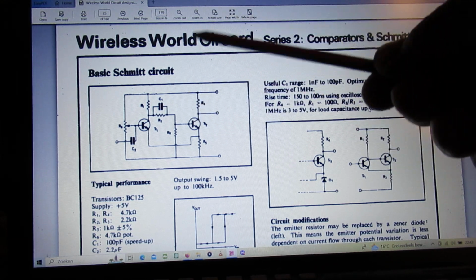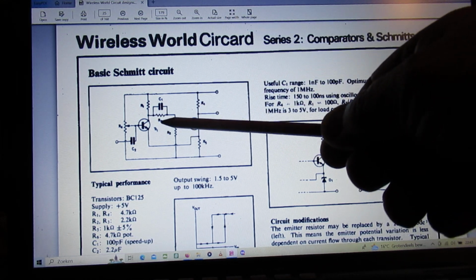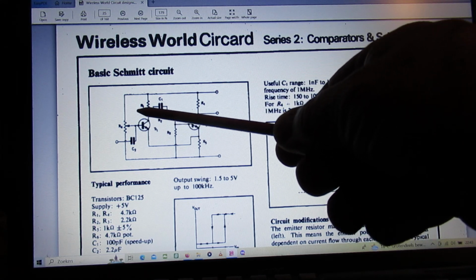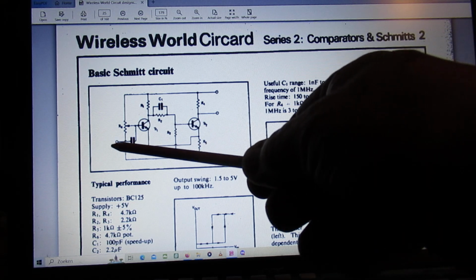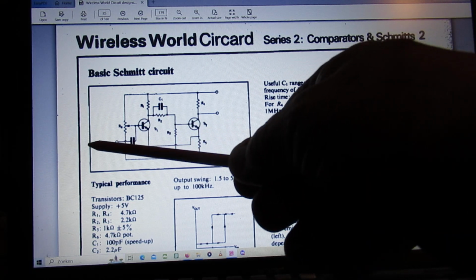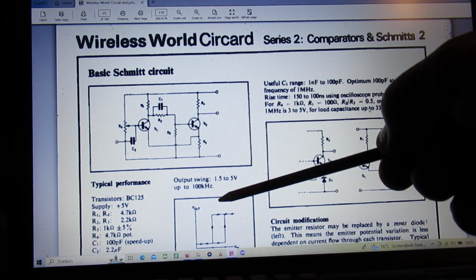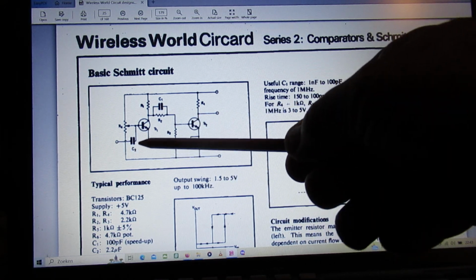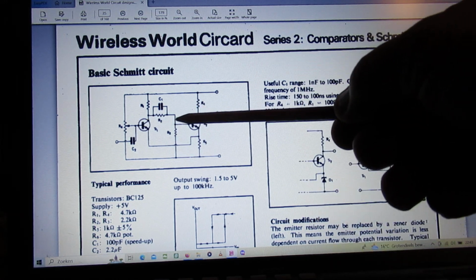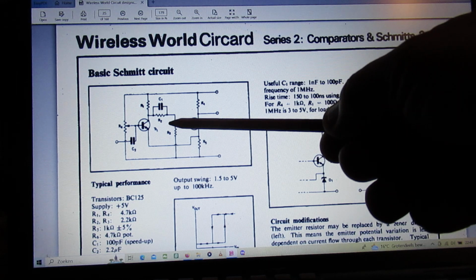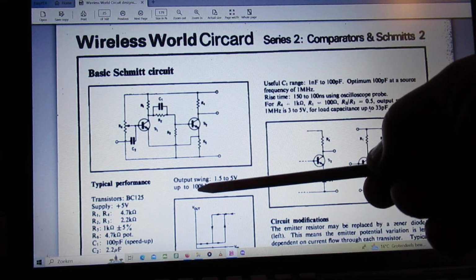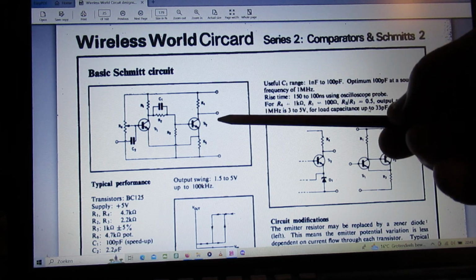By the way, important to tell, my Schmitt trigger circuit acts on a tiny DC voltage change here, but in this case they send in a high frequency, around 100 kilohertz, and that means the Schmitt trigger switches at approximately 100 kilohertz.